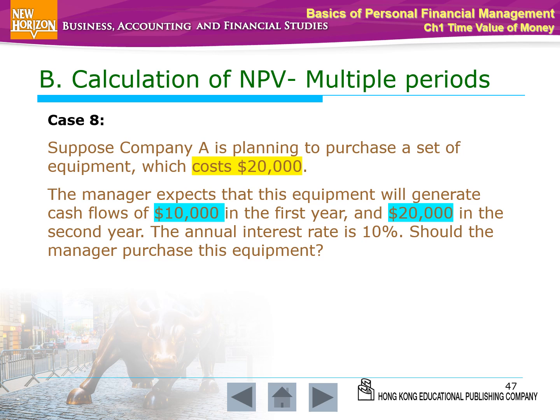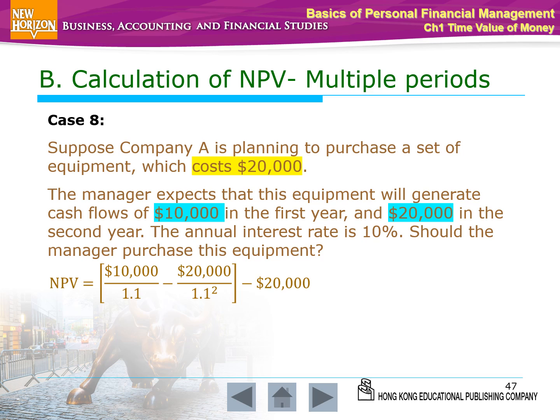Okay, you see, those figures in blue should not be just added together because the value of money in the first year is different from the value in the second year. We should not just add $10,000 and $20,000 to become $30,000. Wrong here. So we make use of the formula to calculate the present value of $10,000 and $20,000.